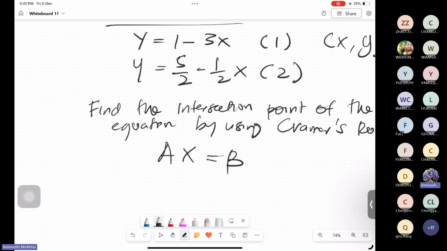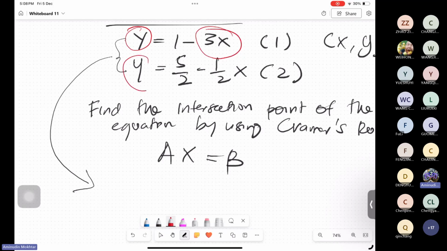But before that, we need to arrange these two equations. We separate the variable and the intercept. What is the variable? Variable refers to y and x.